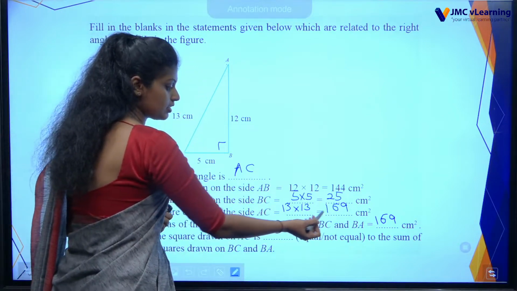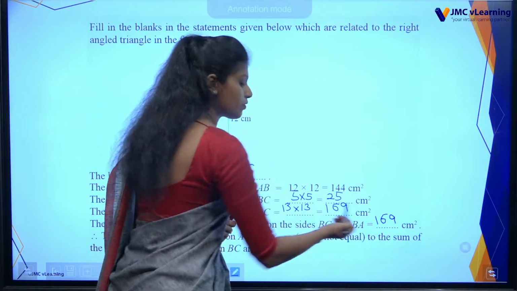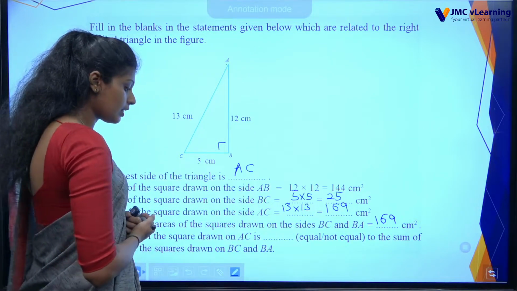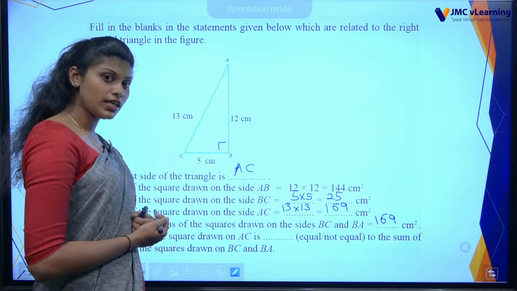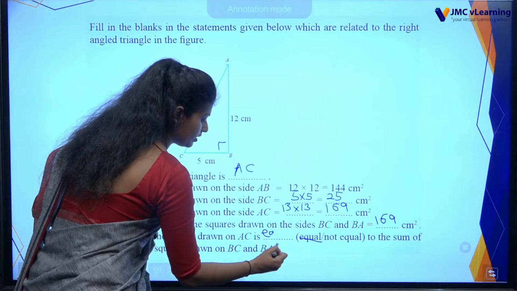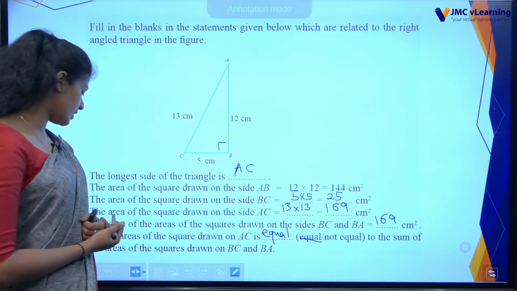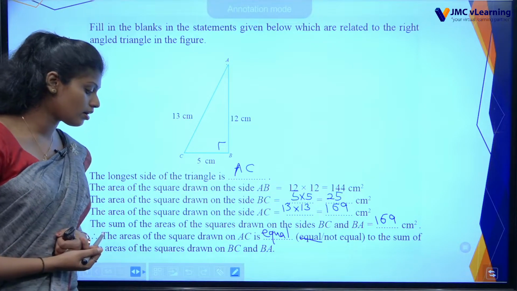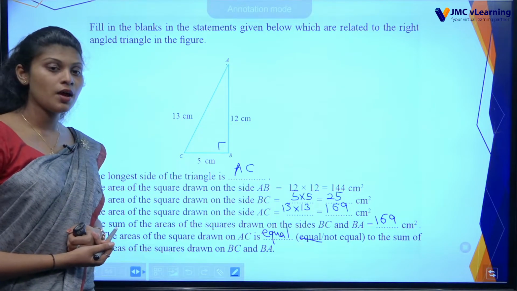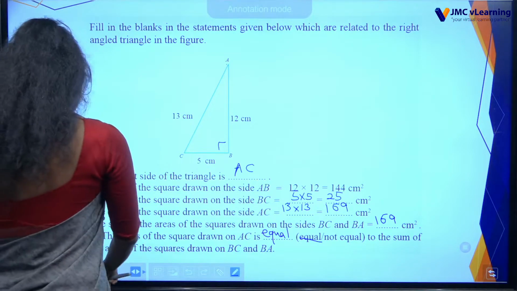Here AC is 169, and when you add these two also 169. Then it is equal. Here you have to write equal to the sum of the areas of the squares drawn on BC and BA. This is the way to fill the blanks.